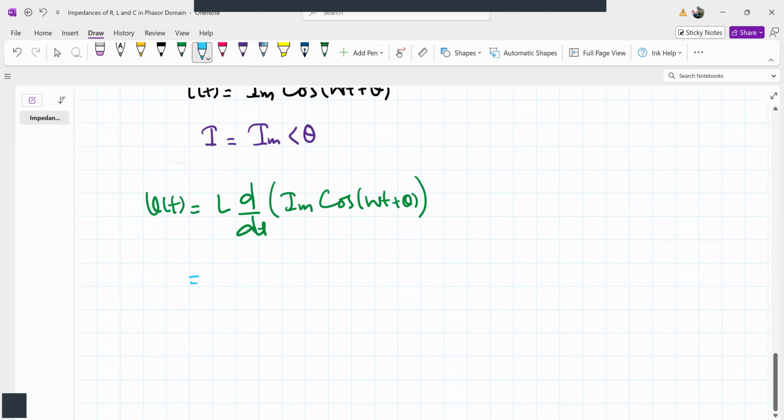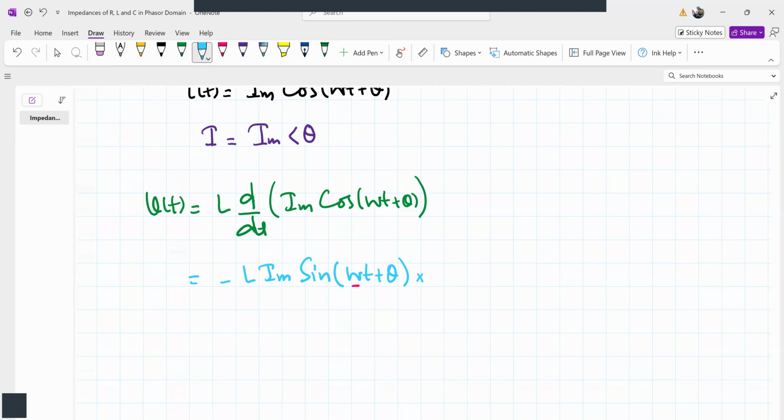If we do the differentiation, the derivative of cos x is minus sin x, so it will be L Im sine of omega t plus theta. Then the internal differentiation of omega t plus theta is omega, so multiplied by omega.